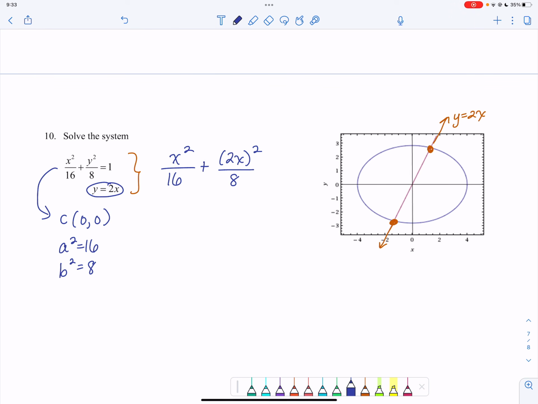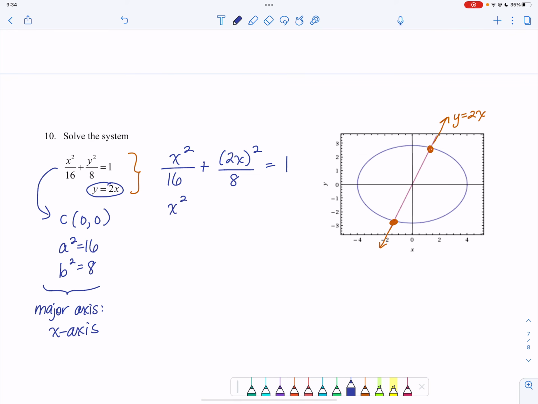B squared is 8. And we definitely have a, and since that's under the y-axis, we have a major axis as the x-axis. Okay, so let's go ahead and solve this for x. So it's going to take a little algebra, but we'll be okay.